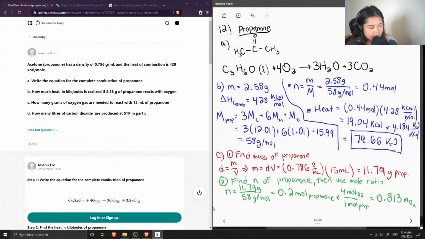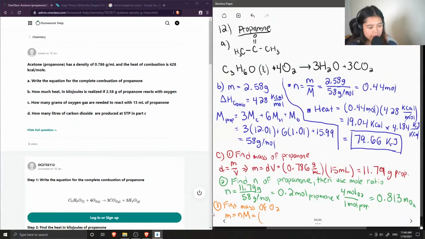And now step 3 of part C is just to find the mass of oxygen. So now mass is equal to number of moles times molar mass.